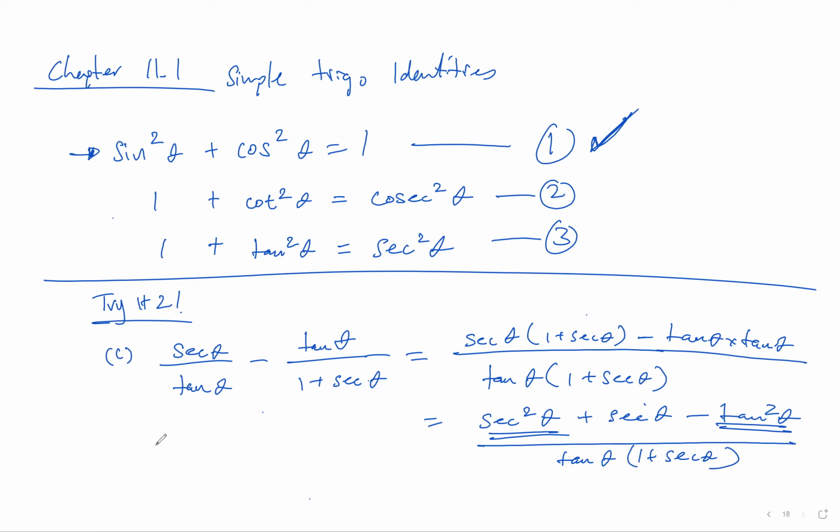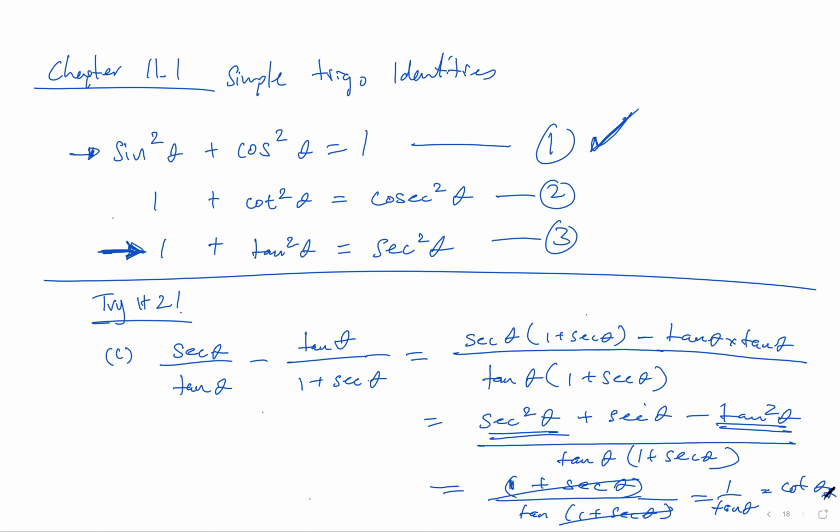Secant squared minus tangent squared theta is equal to 1. So this is equal to 1 plus secant theta over tangent theta times 1 plus secant theta. Now I can cancel, left with 1 over tangent theta, which is equal to cotangent theta. So you have to apply the three identities.